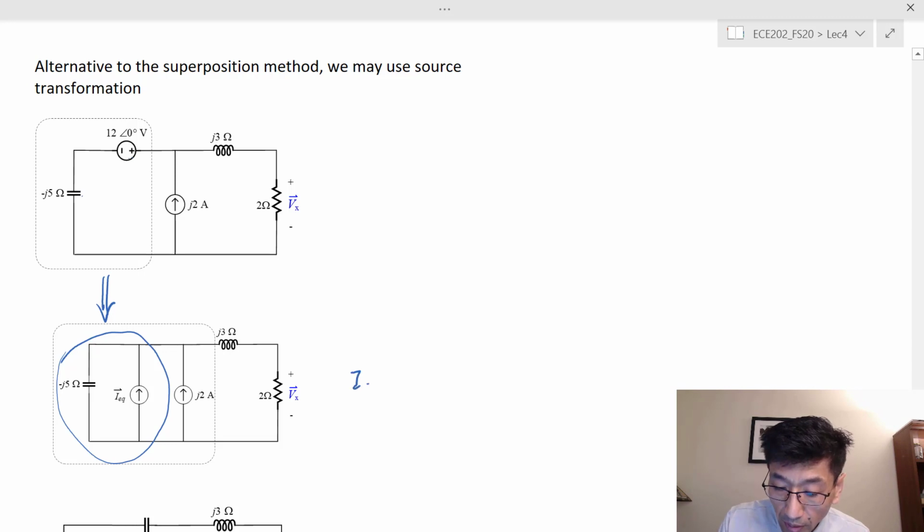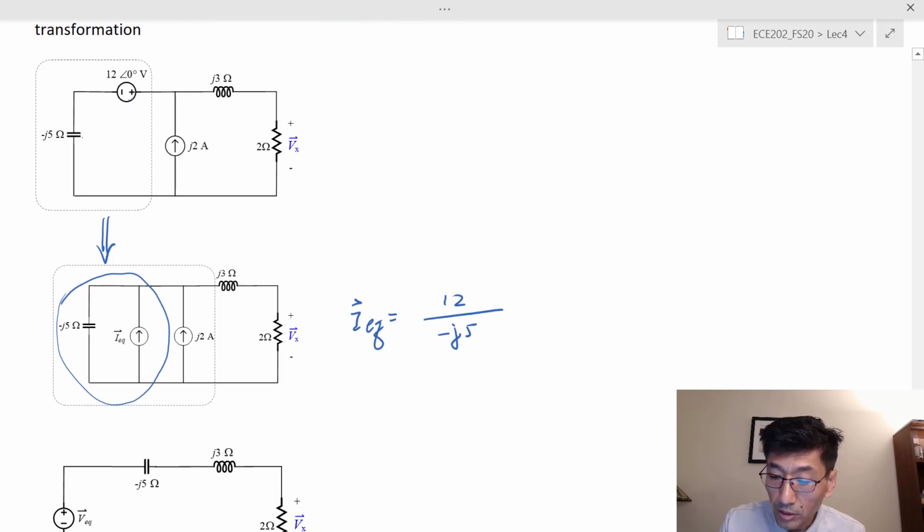So by the way, this Ieq should be equal to Vs, the voltage, which is 12 at phase angle 0, divided by negative j5. That's the Ieq, which is negative 2.4j, right?